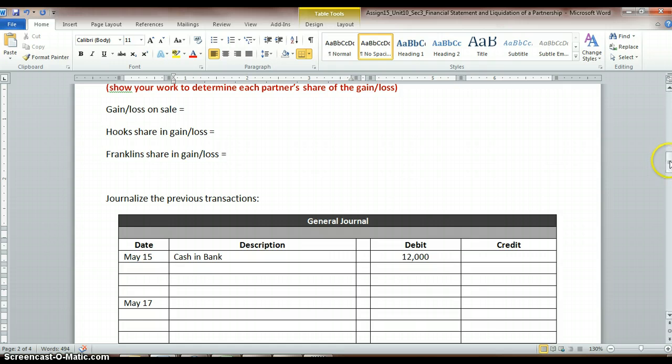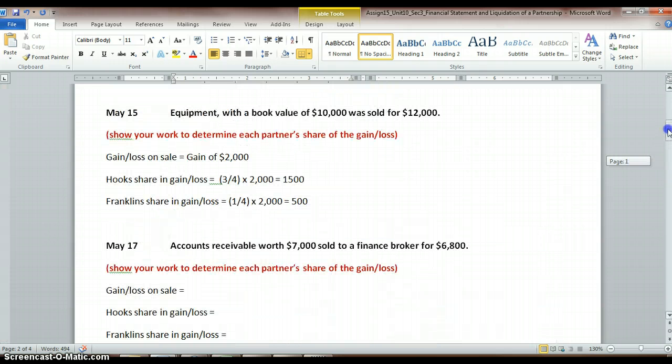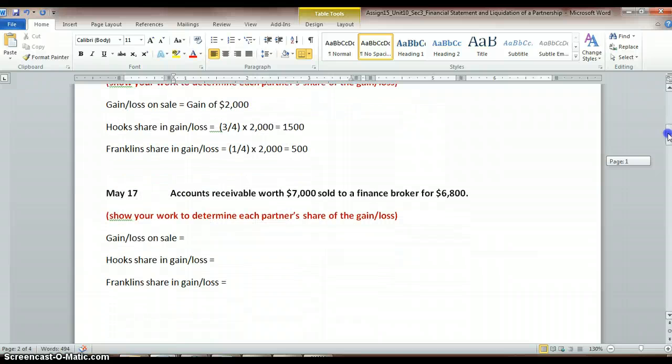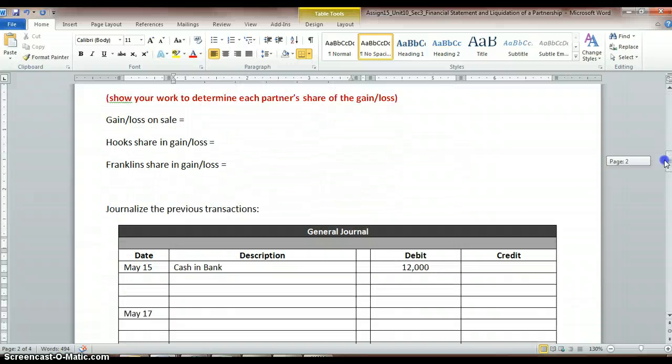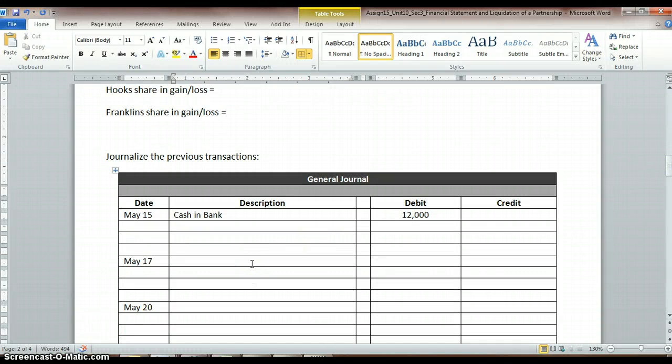Okay, so then we determined that we had a gain of $2,000 and split it between Hook's and Franklin's in accordance with their shares. So now we have to record those amounts. Since those are gains, they're going to increase their owner's capital accounts.